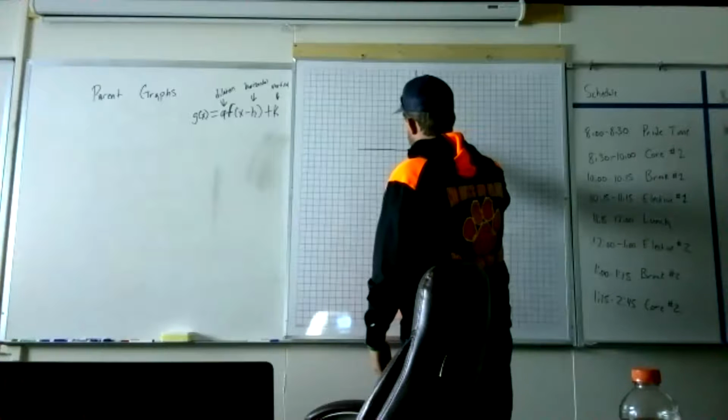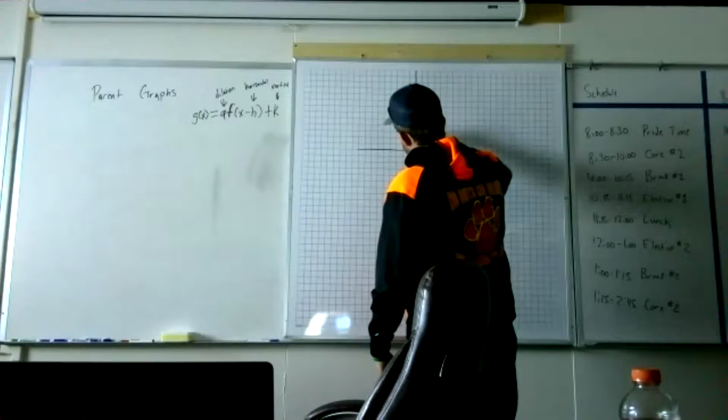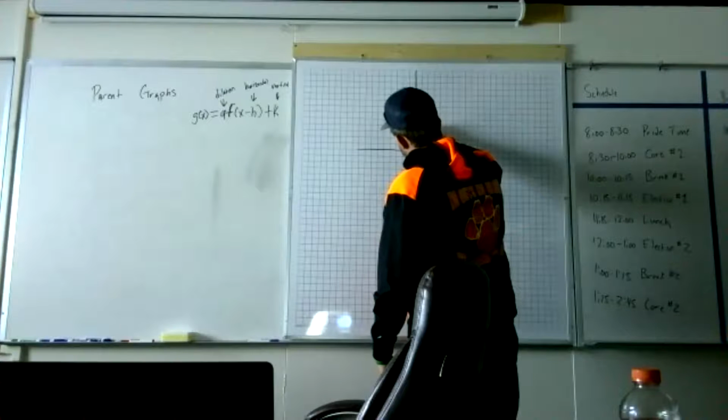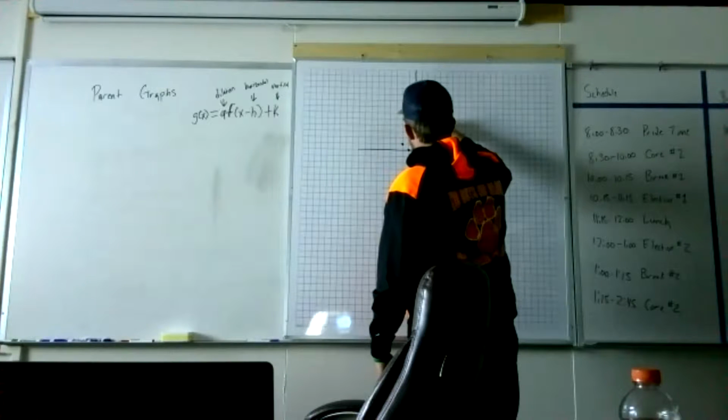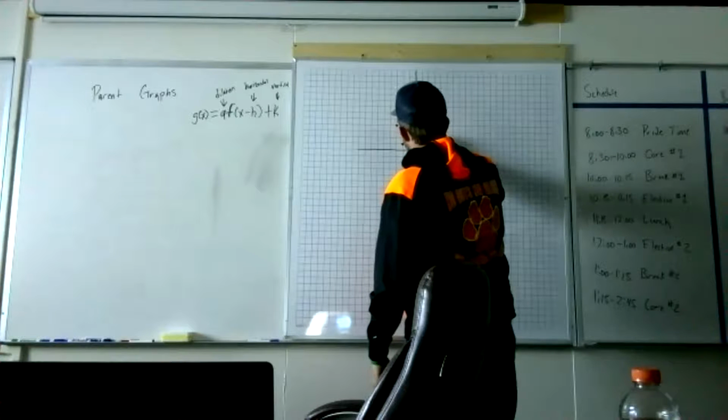So we used to cross through 1, 1. Now we're going to cross through 0, 1. It was -1, 1, and now it's going to be -2, 1. Now it's going to go through 1, 4, and now it's going to go through -3, 4. Just like that.